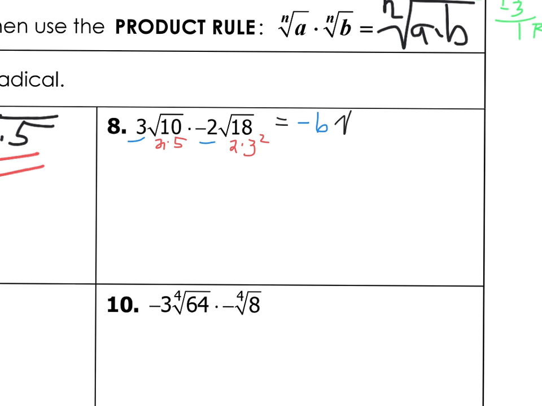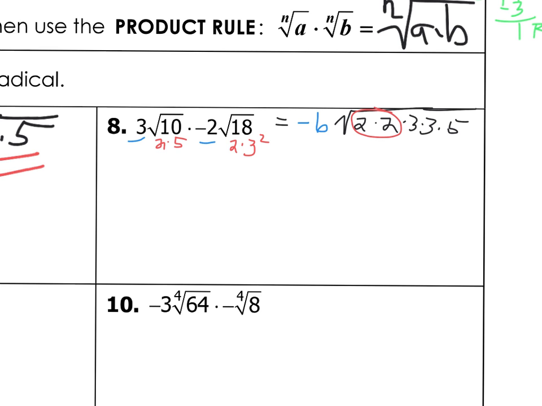And then we have the square root of, all together, a 2 and a 2, so I'm going to put those together, 2 times 2. And then I have 2 3s, and I'm going to stretch those out. Sometimes it's just easier. And then a 5. So you ought to see your separate pieces: a 2 and a 5, a 2 and 2 3s. Now, because my index is 2, I'm looking for groups of 2.